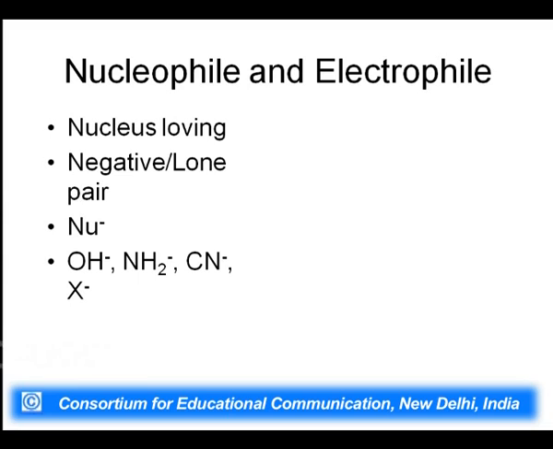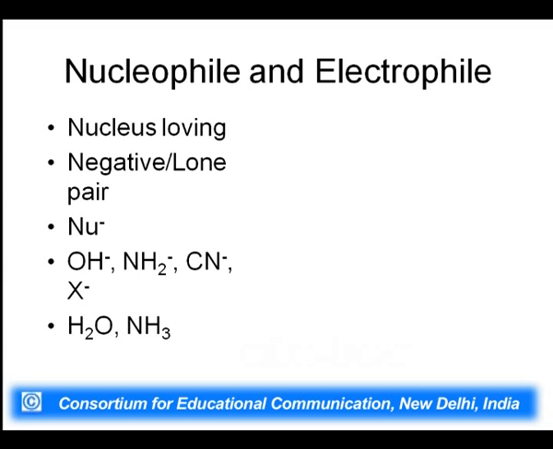What are the types of nucleophiles, examples of nucleophiles? As negatively charged ones, OH minus, NH2 minus, CN minus, X minus which is halogen: Cl minus, Br minus, I minus and F minus. They may act as nucleophiles depending on their nucleophilicity, and these are negatively charged nucleophiles.